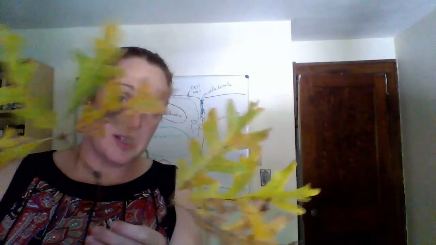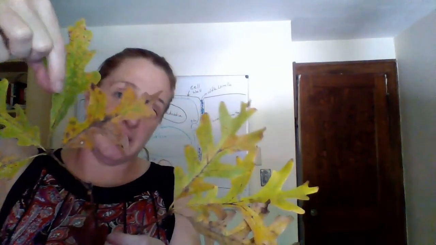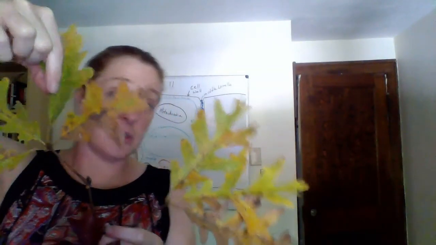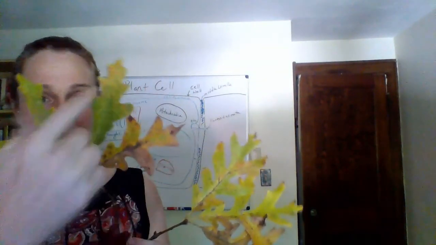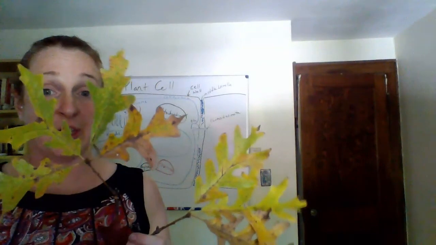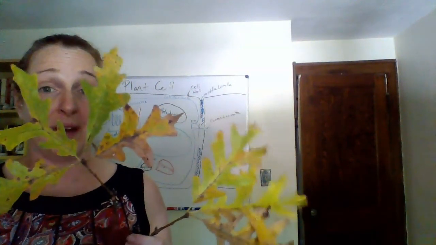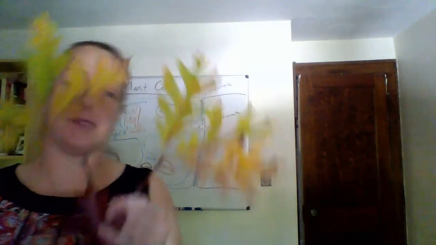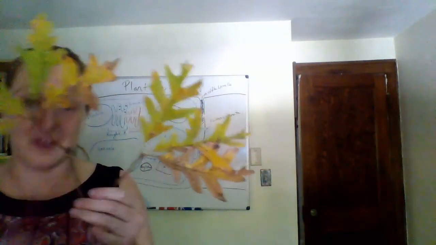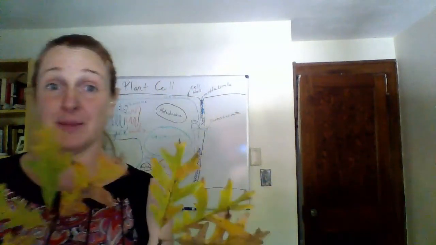And what I love about these oak leaves is that here we can see there's still some chloroplasts, which is why we can see some green. But we're starting to see that green disappear, and what's starting to show up now is the chromoplasts. And those chromoplasts have, in this case, some yellows and oranges in the pigments. Now remember, whenever we see yellow and orange, we have to think vitamin A.